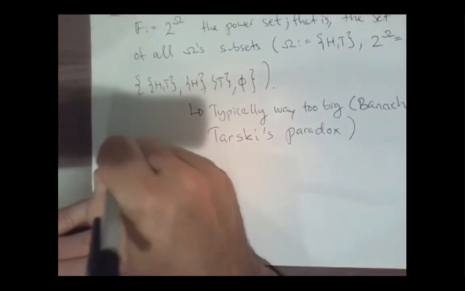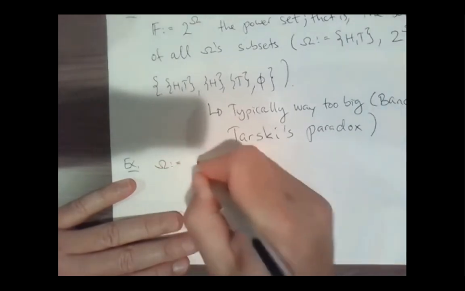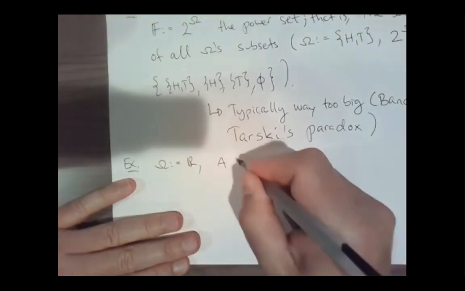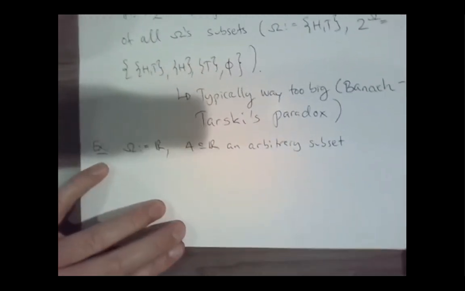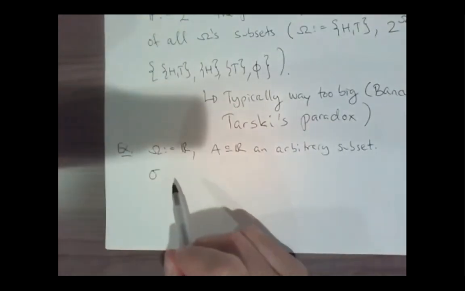Another example could be if I take omega to be R, and I take A just some arbitrary subset. Then I could look at sigma. This is again sigma coming in.